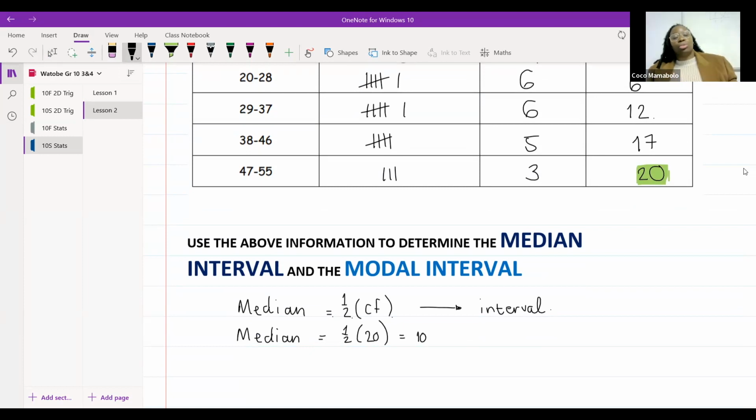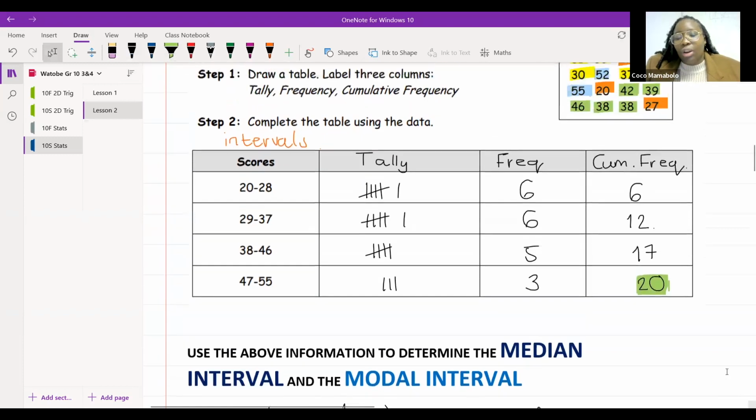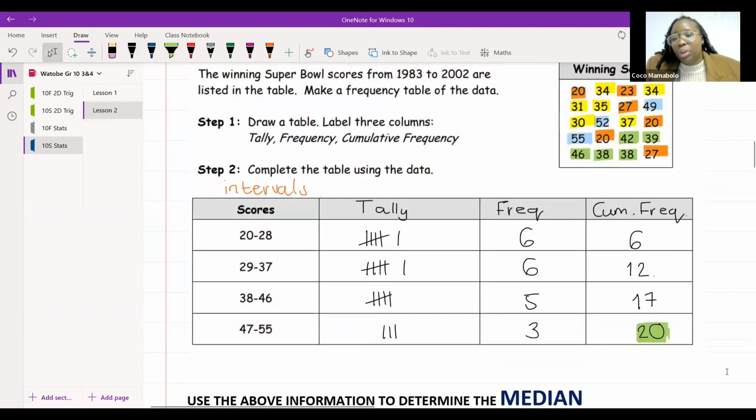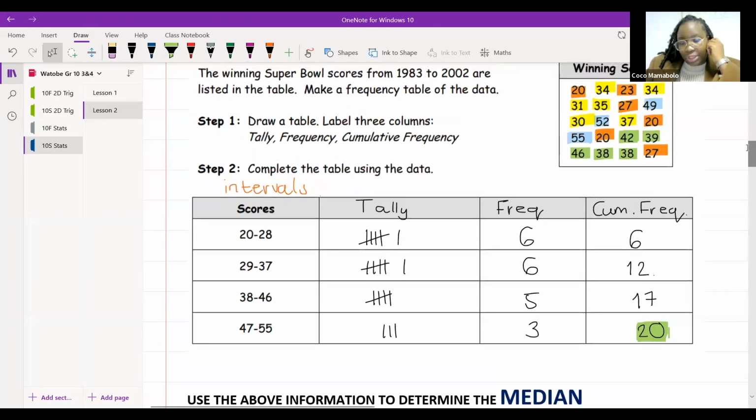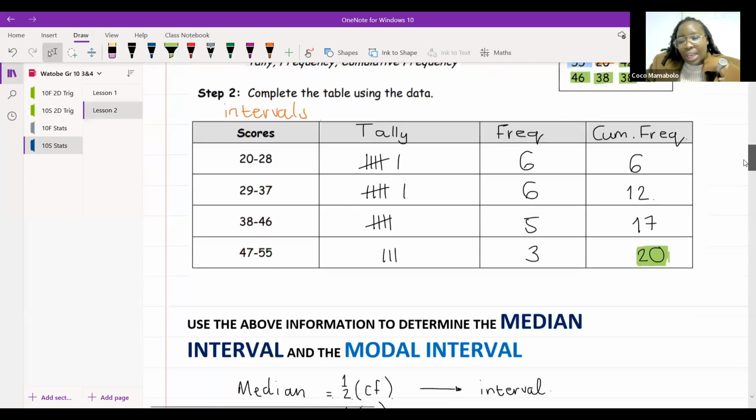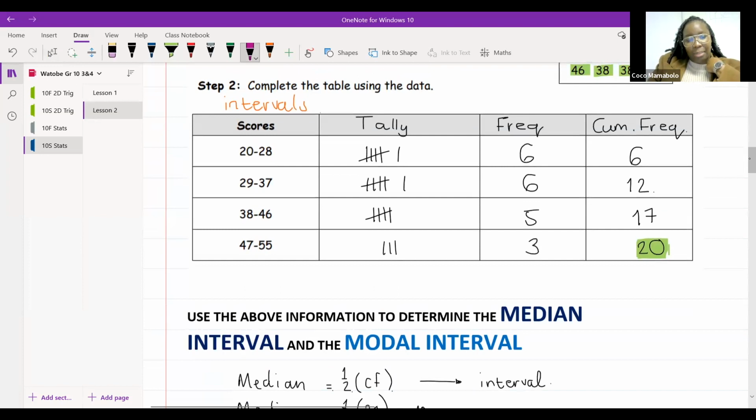Now, I want you to look closely at what I'm going to do. If you remember, when we put these winning scores into this frequency table, we counted that between 20 and 28, there were exactly 6 numbers.